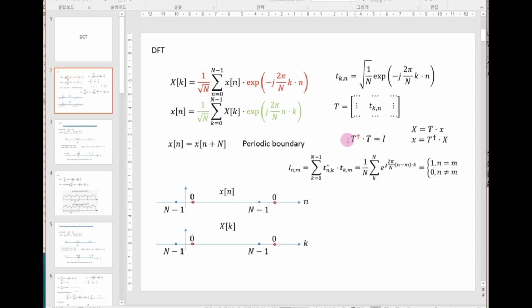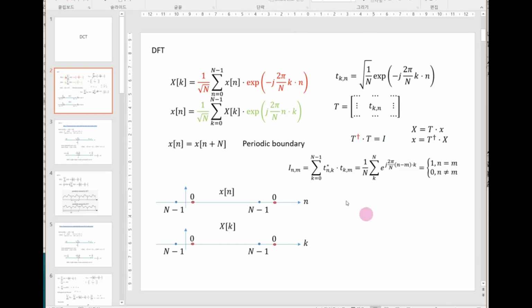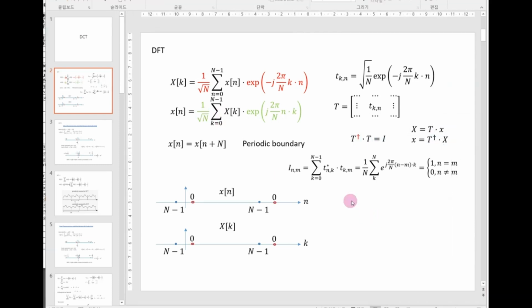If we take the product between the inverse transform and the transform, this is just the inverse Fourier transform. You can easily understand that by taking the Fourier transform and multiplying by dagger, the spectral domain, that becomes the same thing. That's why it should satisfy the identity matrix.